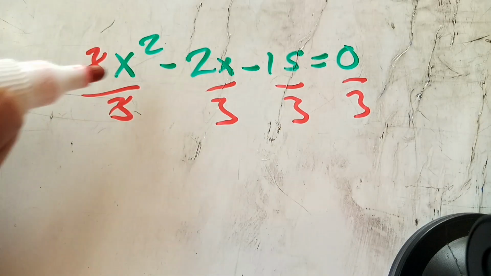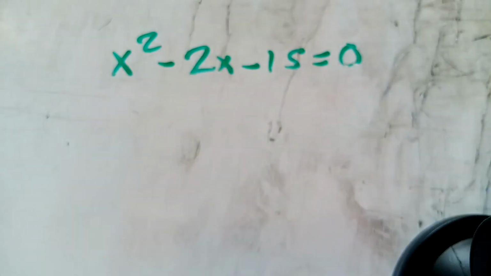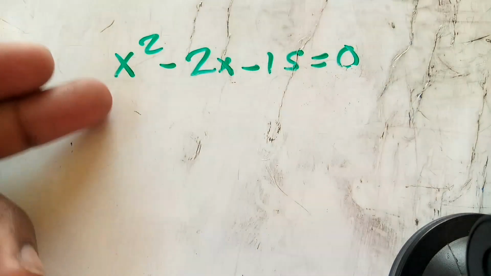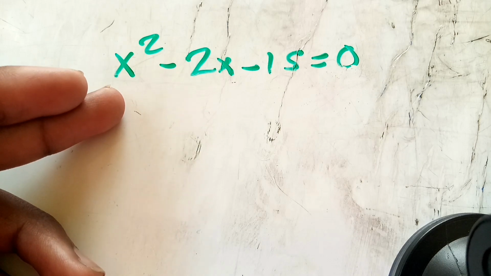So this can cancel with that and it would remain x squared. But in this case, we have no 3.